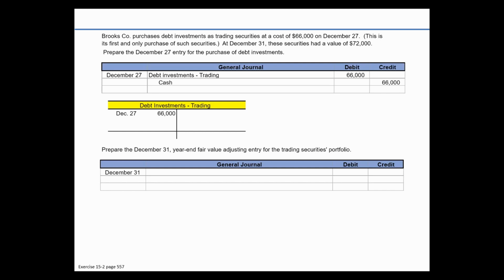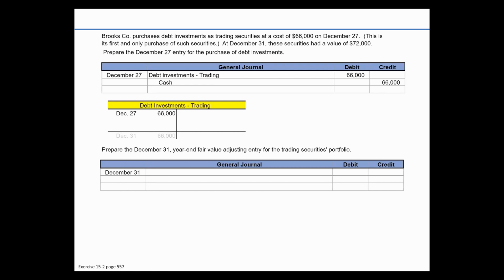Now December 31st rolls around and we have to do all of our closing entries and all of that in order to get ready to start our books in January 1. So we're going to prepare the December 31st end of year fair value adjusting entry for the trading securities portfolio.